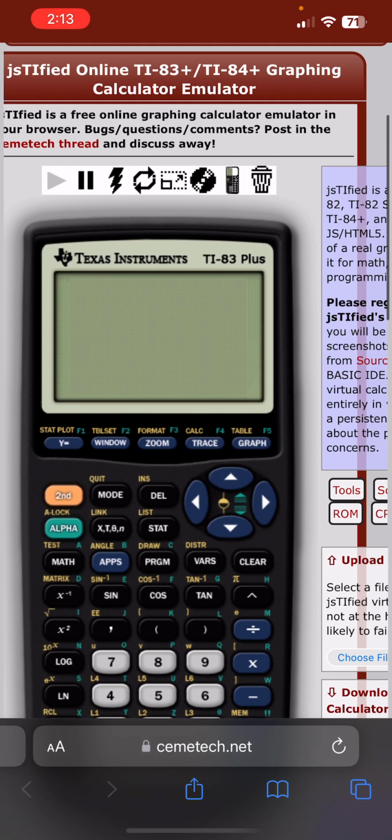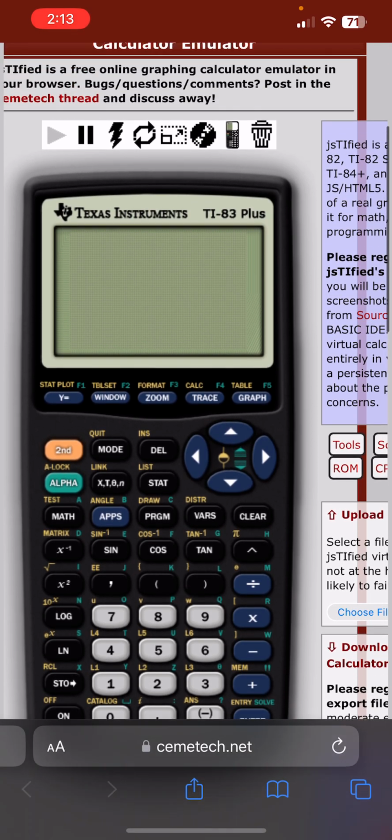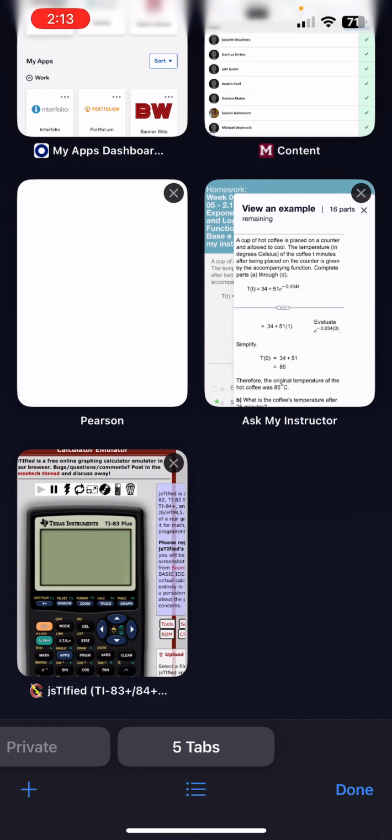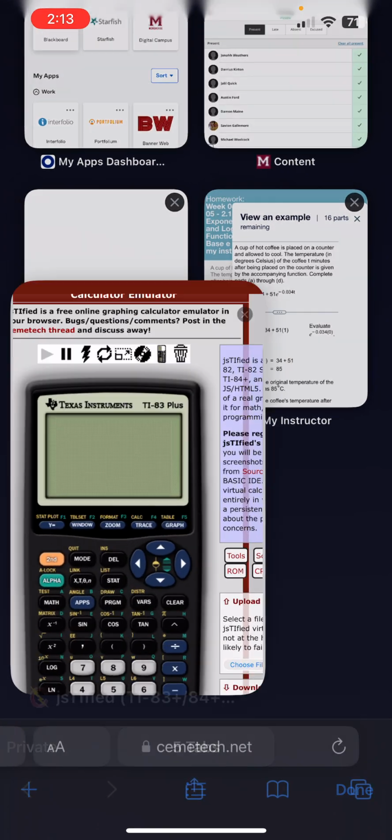So now I got to do a little bit of back and forth because I'm not remembering that function. 34 plus 51 e to the power.